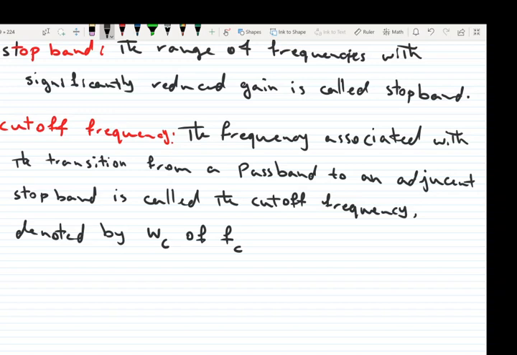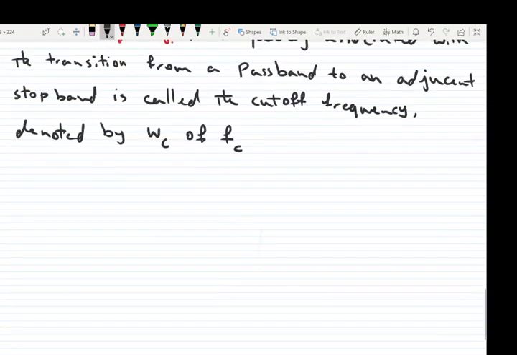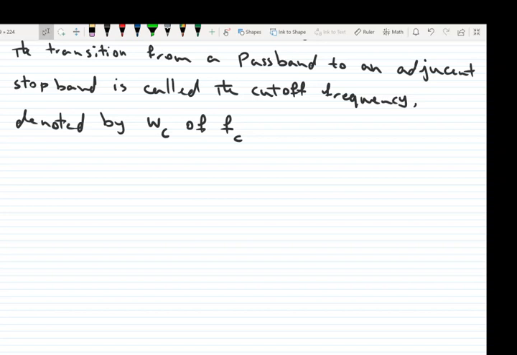Okay, now let's see, for any of these filters, active filter or passive filter, how many different types of filters we have. The first filter, which I'm going to show here, is low pass filter. It can be either active or passive filter.